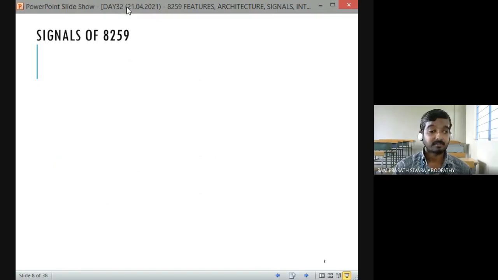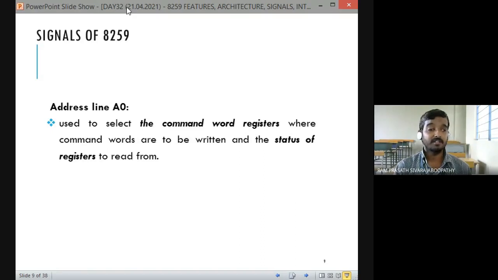Okay. So A0, address line A0, is used to select the command word register where command words are to be written, or the status register from where we are going to read. This may be a little difficult to understand now, but when we go through the command word format, you people will understand it clearly. Fine.